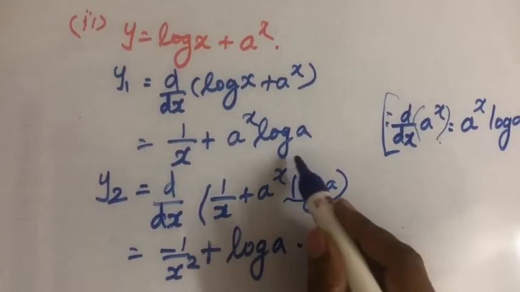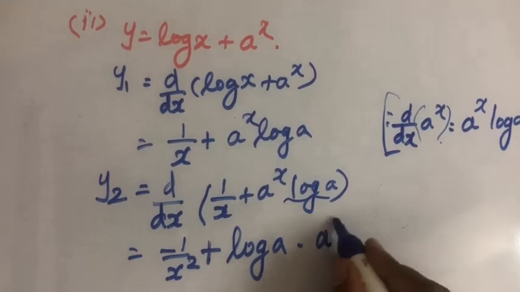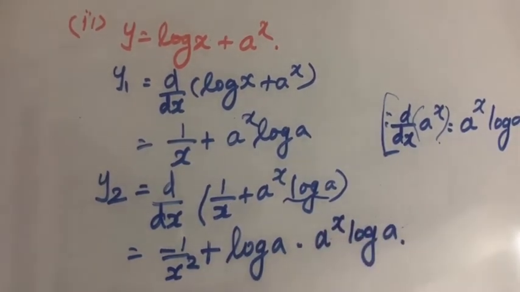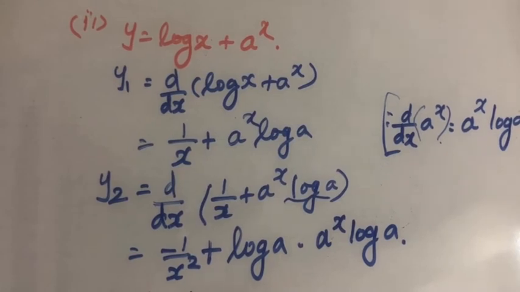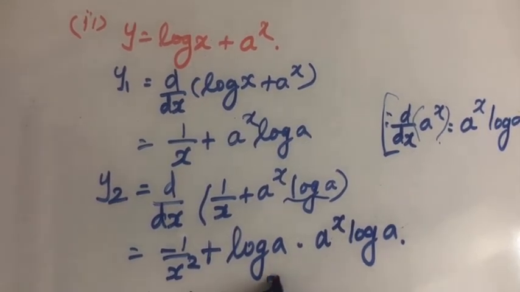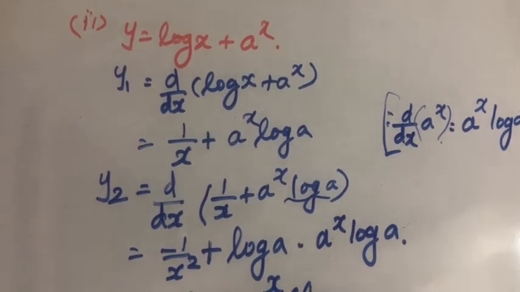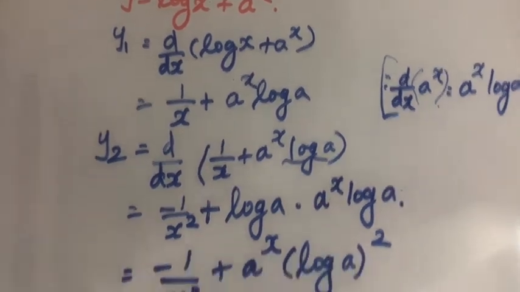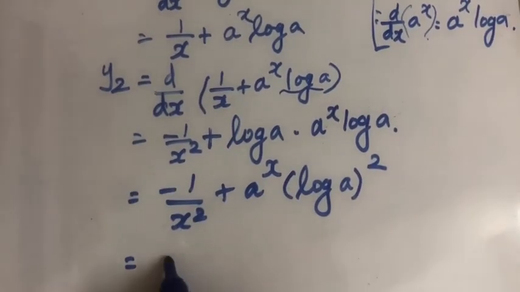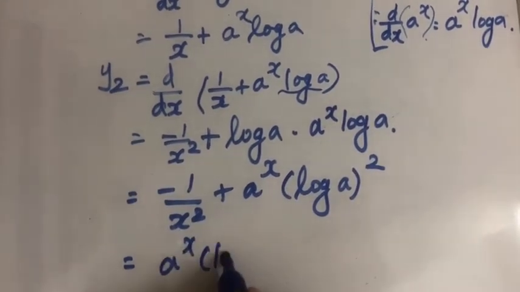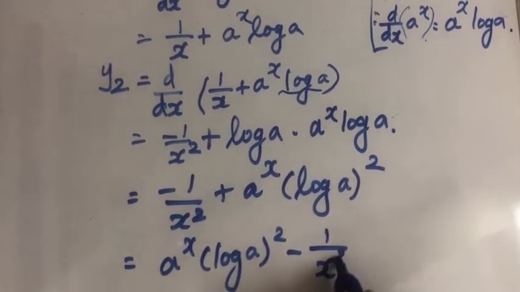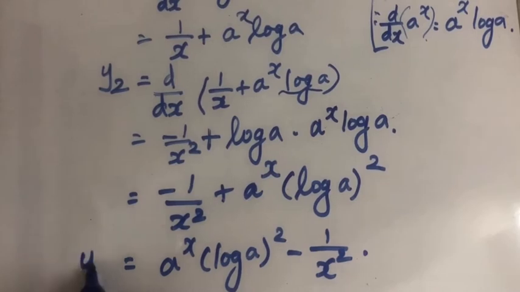So while differentiating a power x, we get a power x log a. Okay, so that is equal to minus 1 by x square plus a power x into log a the whole square. So that is a power x log a the whole square minus 1 divided by x square is our y2.